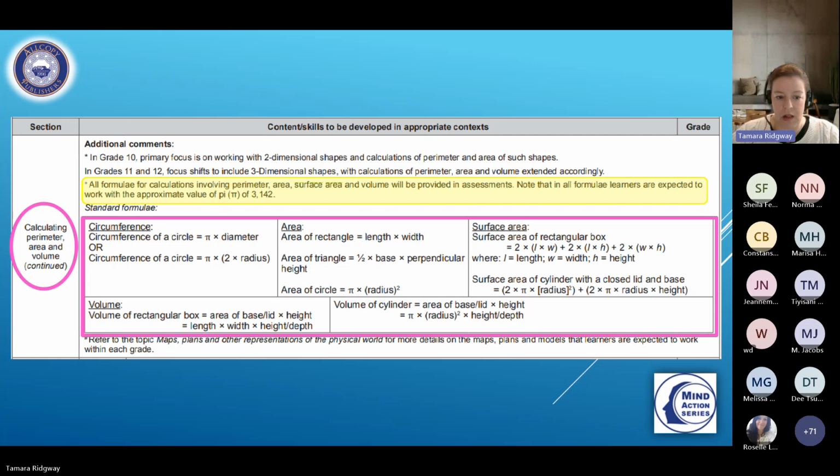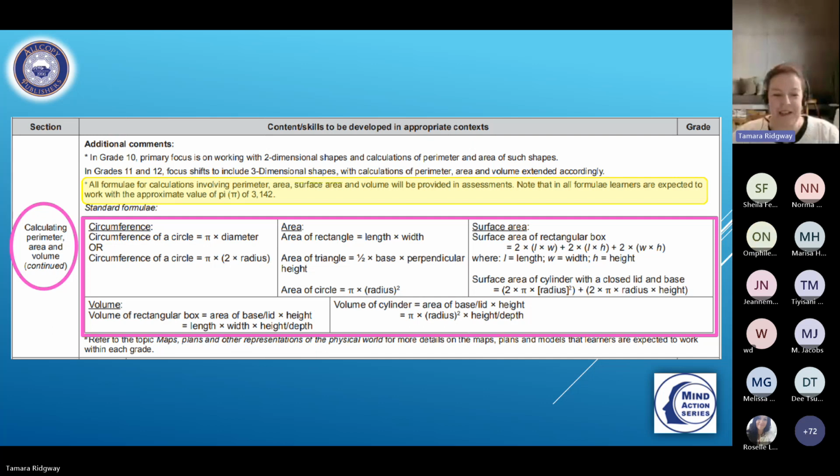All formula for calculations involving perimeter, area, surface area, and volume will be provided in assessments. Note that in all formula, learners are expected to work with the approximate value of pi 3,14. And we do make allowances for our scientific calculator, of course, because our students have it and it's a skill to learn how to use it.